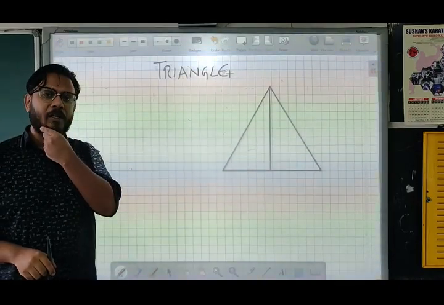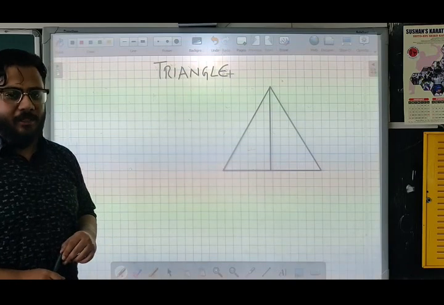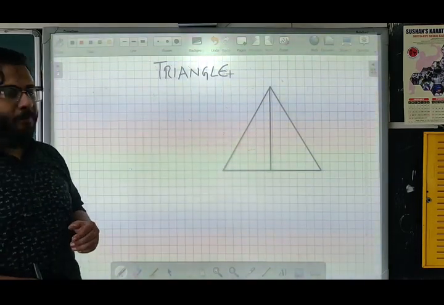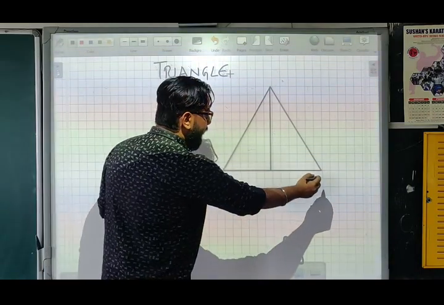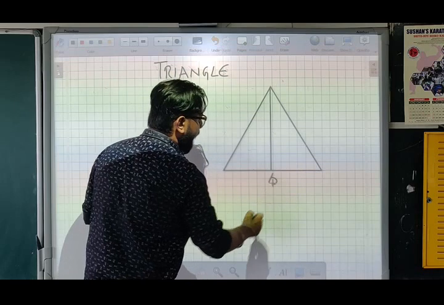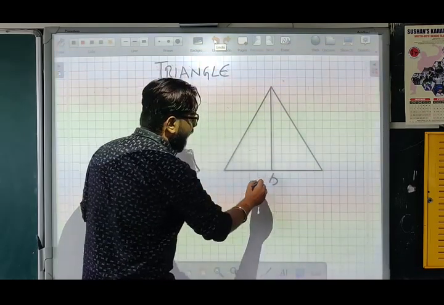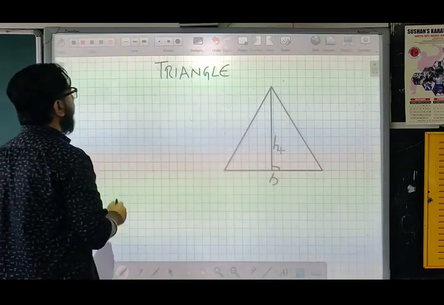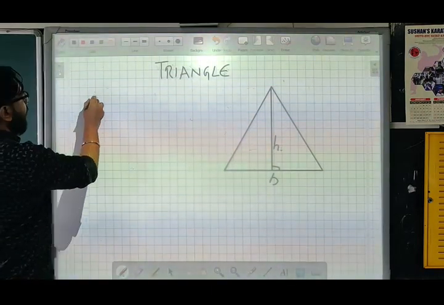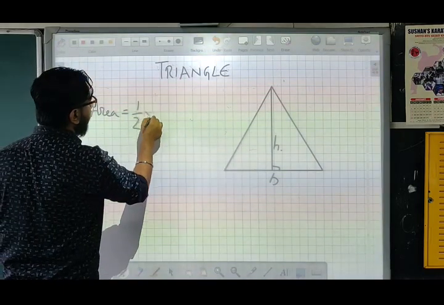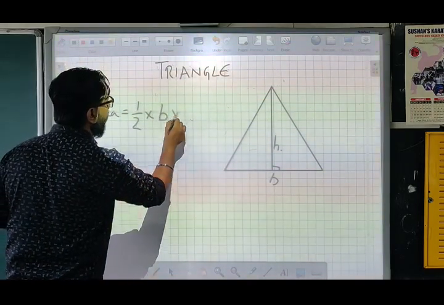Now let's look at how we find the area of a triangle. For finding the area of a triangle, we need to know the base. This is the base, which we take as B. The height is perpendicular to the base, and this is your height. For the area, we already have the formula, that is half into base into height.